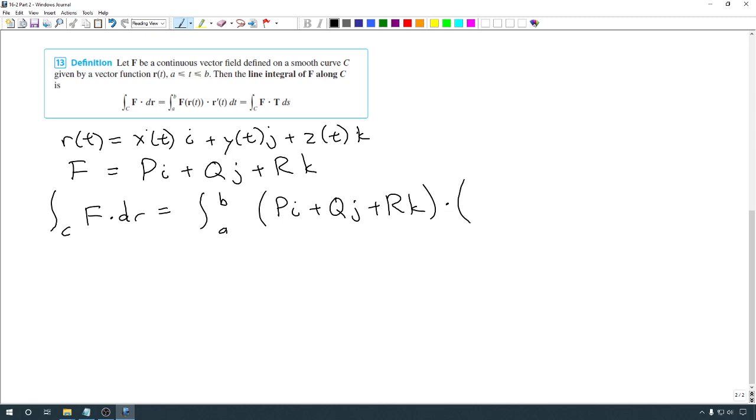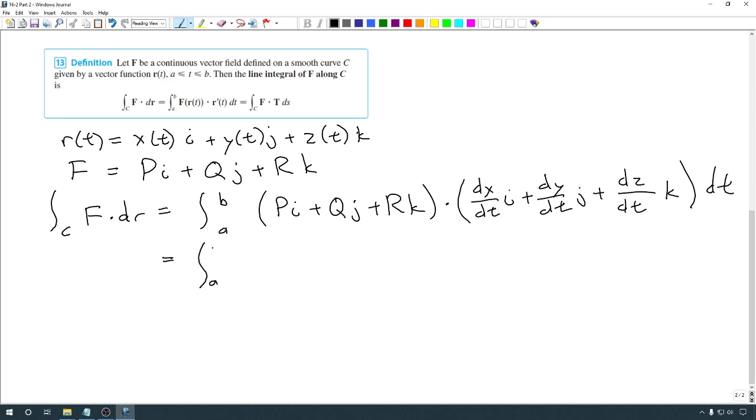The derivative of x with respect to t is dx dt, the derivative of y with respect to t, and the derivative of z with respect to t. When we do this dot product, we end up getting p times dx dt plus q times dy dt plus r times dz dt.